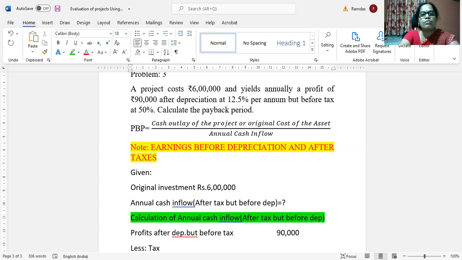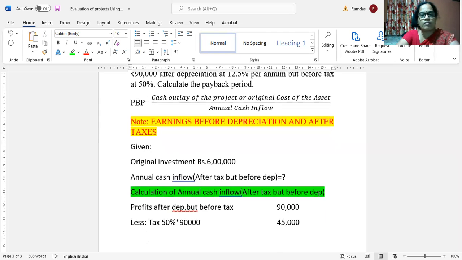Tax is how much? 50%. So 50% of profits, 90,000, amounts to 45,000. 50% of 90,000 is 45,000. So the remaining would be 45,000. So what is this remaining called? This remaining is called profit after tax.